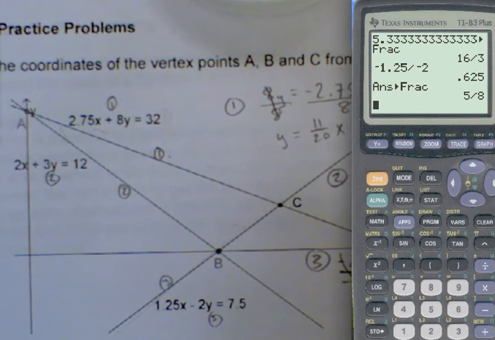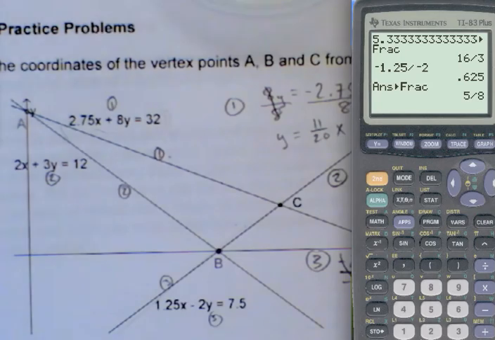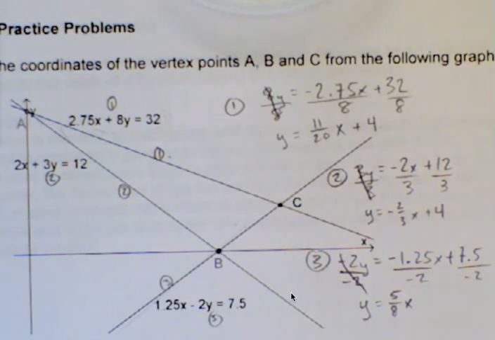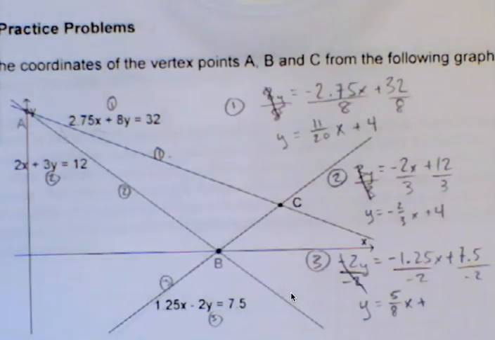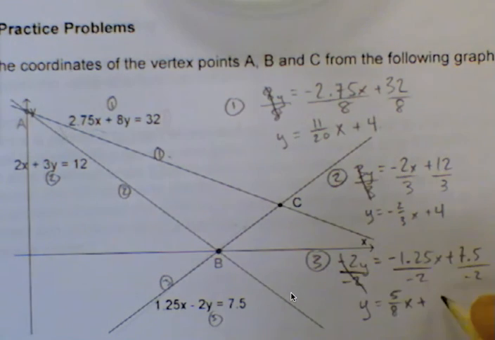Here I'll just type it in as 5 over 8 x plus, and then the same thing here, 7.5 divided by negative 2 is going to give me, and I should have had a negative there. What does it turn into?